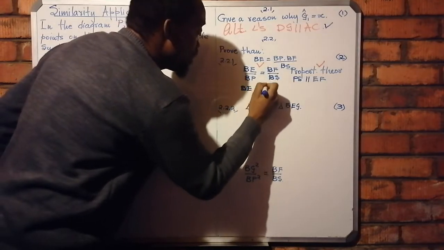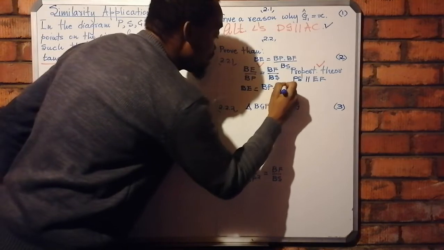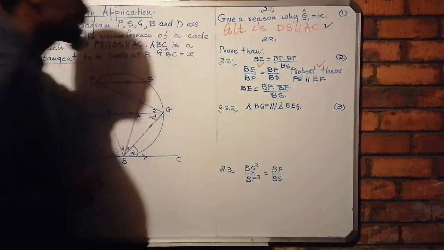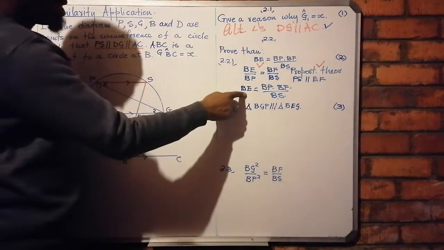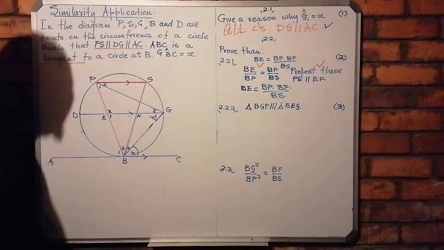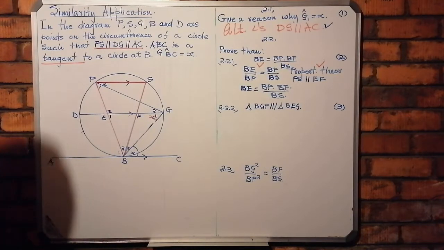BE is therefore, I cross multiply, BP multiplied by BF divided by BS. Remember now, for this one, you are not going to get a mark because they told you that. They cannot tell you something and then give you a mark for something that they have told you.